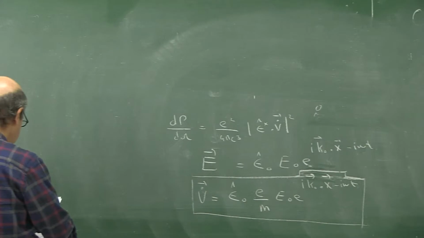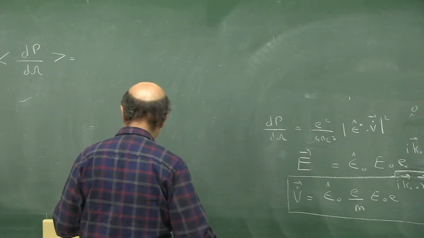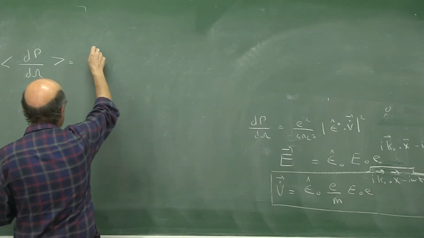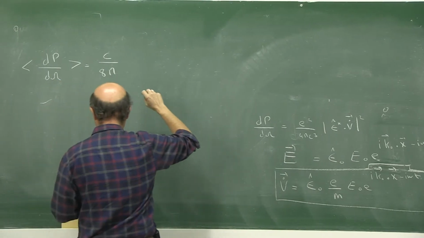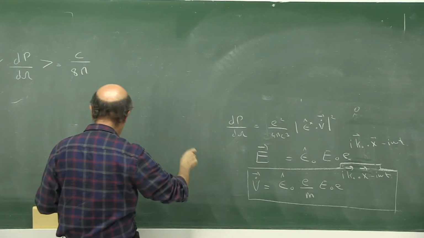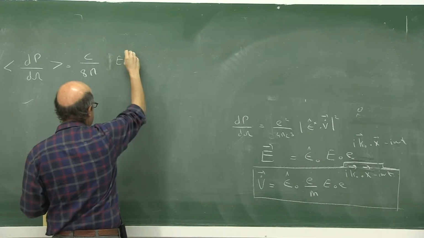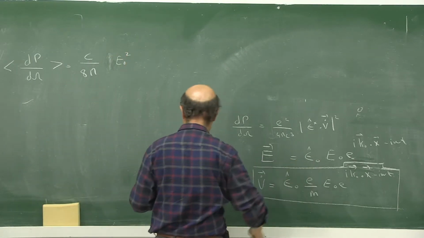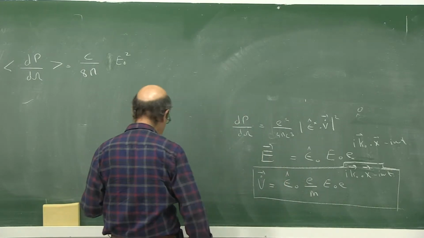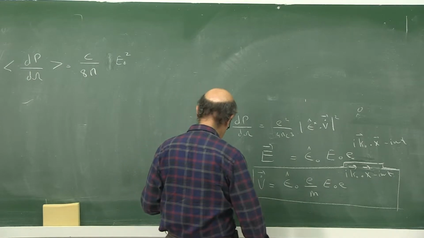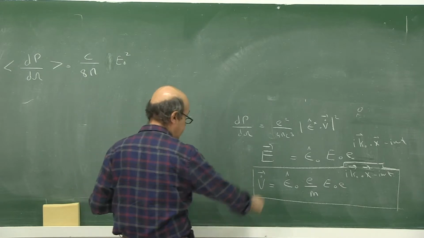So let us write the form. c over 8 pi. I will discuss the terms one by one. And the square of E0, so E0 squared, this one. And the square of e squared over m squared, divided by c to the 4th and multiplied by c, that makes c cubed.